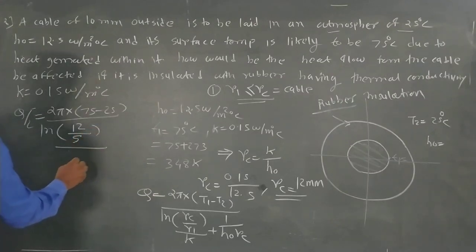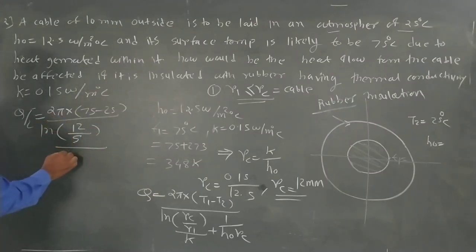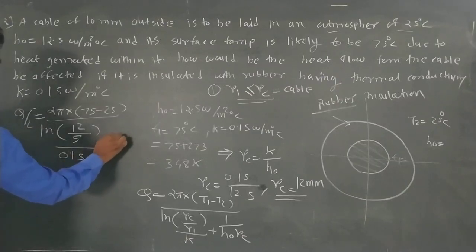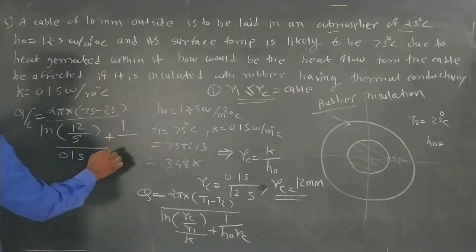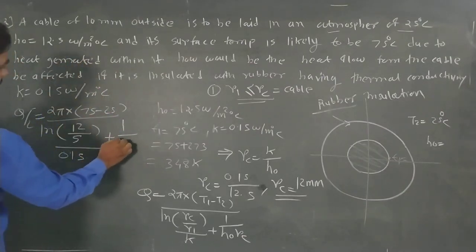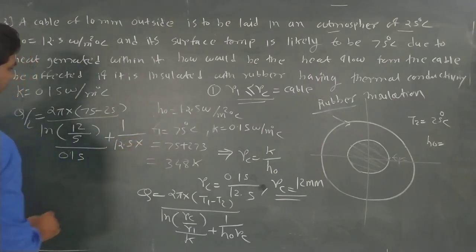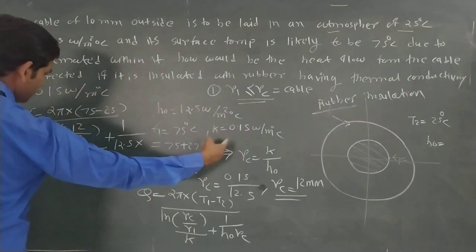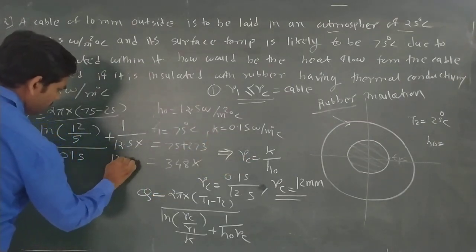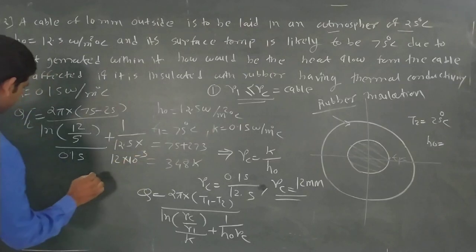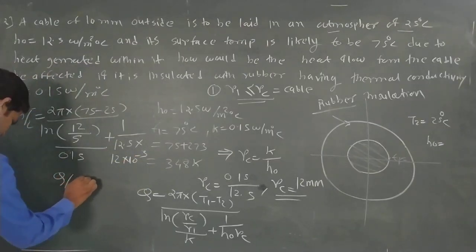upon K. The thermal conductivity K is given as 0.15, plus 1 upon HO, which is 12.5, multiplied by RC. RC is 12 mm, so convert into meter: 12 into 10 to the power minus 3. So what is Q by L, guys?